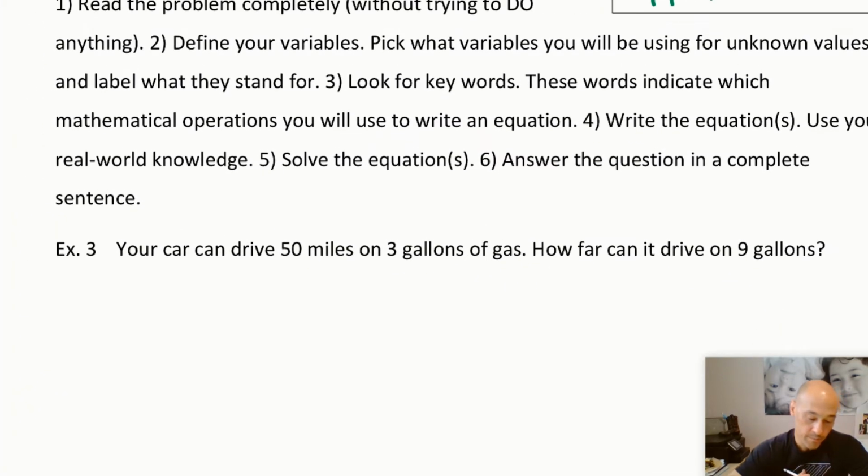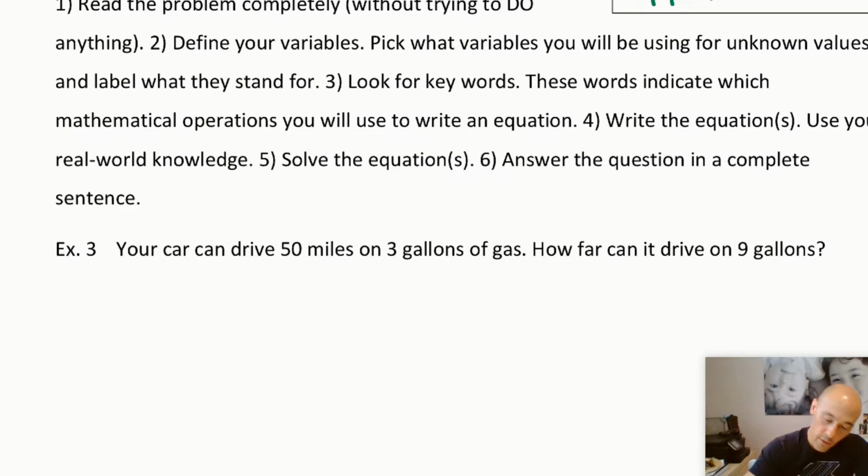Step 1. Your car can drive 50 miles on 3 gallons of gas. How far can it drive on 9 gallons? Now, it's important that when we are thinking about this, we have read the problem first, don't do anything. Next, we'll define the variables.